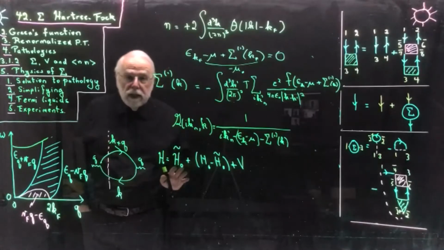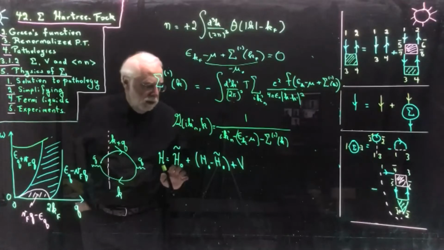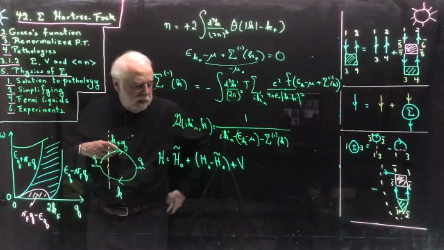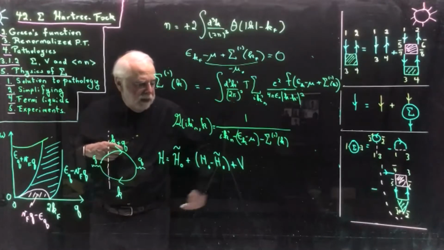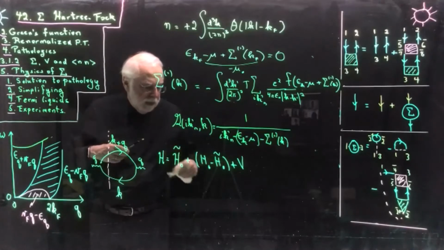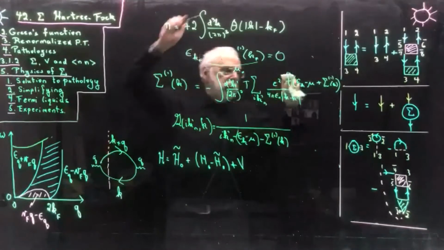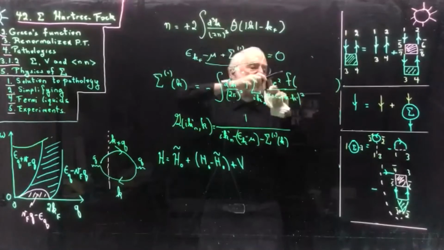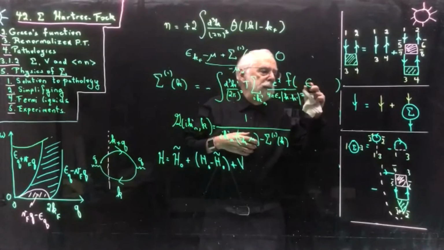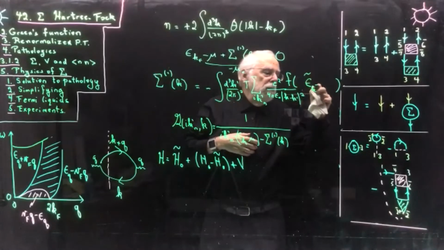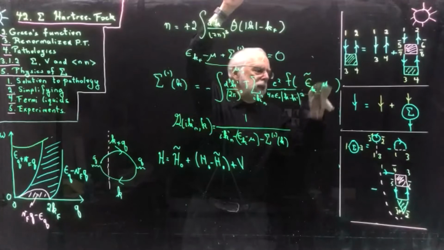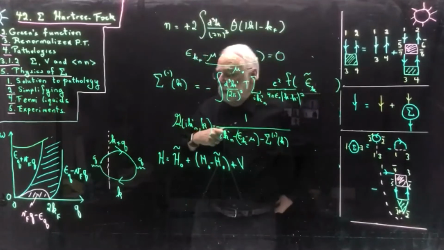So here we say, okay, I start with the trial Hamiltonian. So what will happen here? What will happen is simply that I do perturbation theory in this trial Hamiltonian. So here what I will have is f of epsilon tilde of k minus mu. Let's just say it's just a question of notation, epsilon tilde of k.